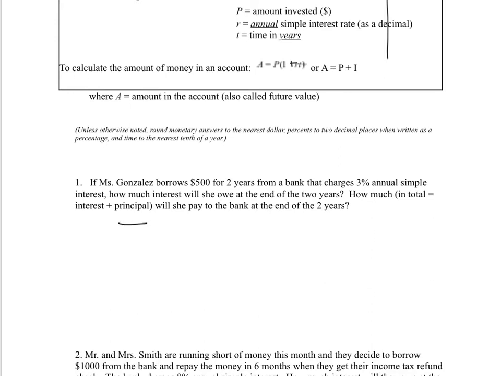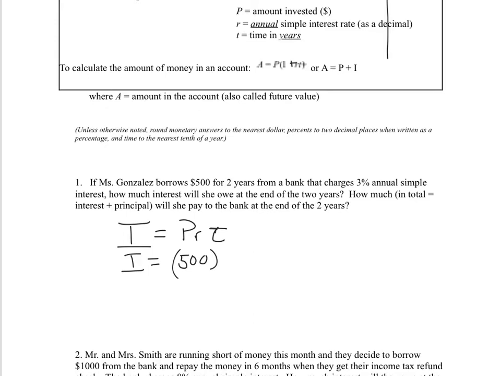The first is the amount of interest, which we said we can calculate if we multiply principal times rate times time. So she's borrowing $500. The interest rate that she's being charged is 3%, but remember, you have to convert that to decimal form.